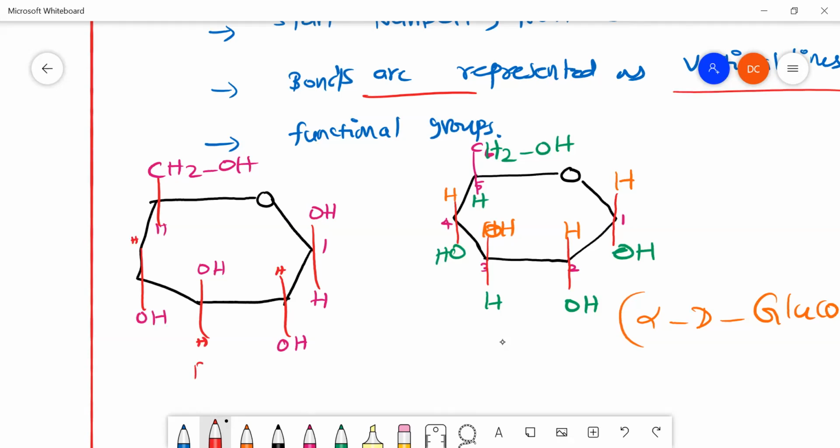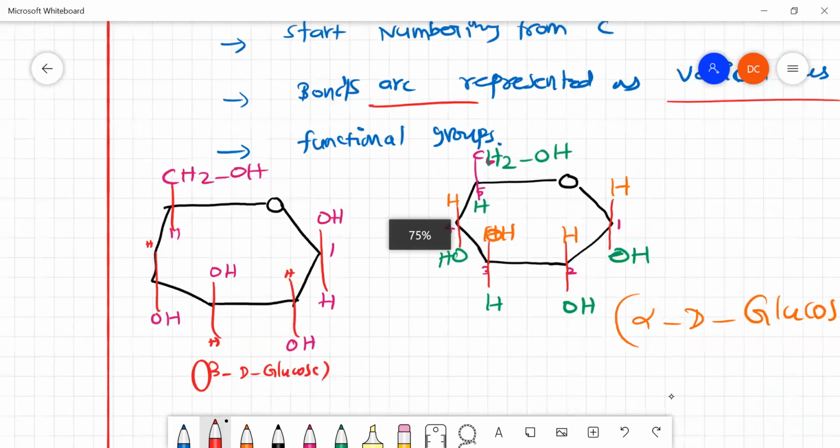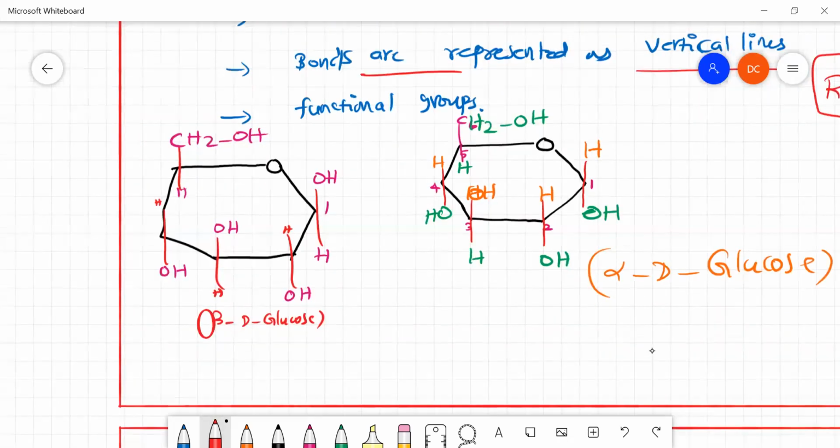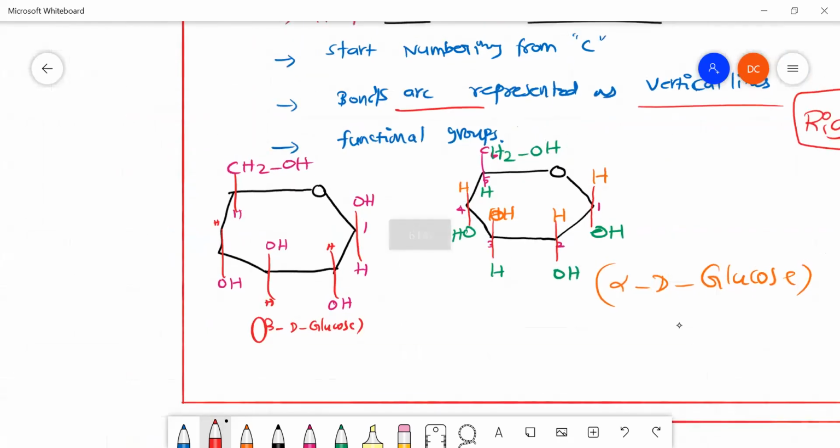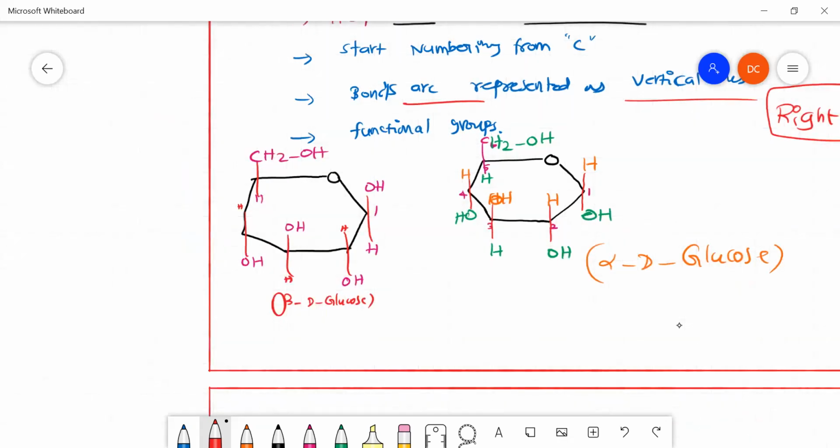If it is beta D glucose, we have a simple trick. What is the simple trick to write beta D glucose? In beta D glucose, all the OH groups are in alternate positions: first top, then bottom, then top, then bottom, then top.